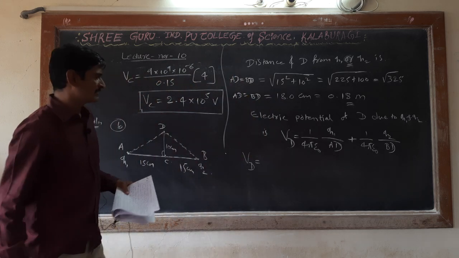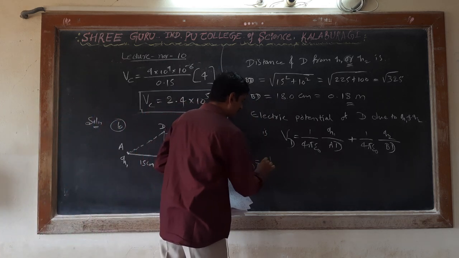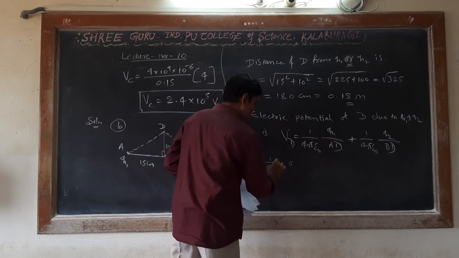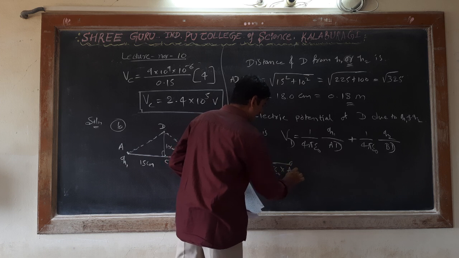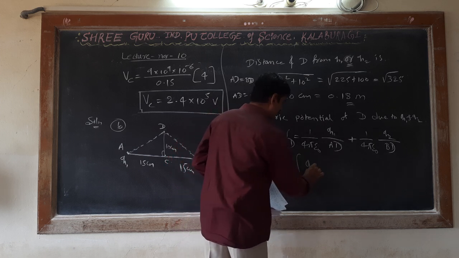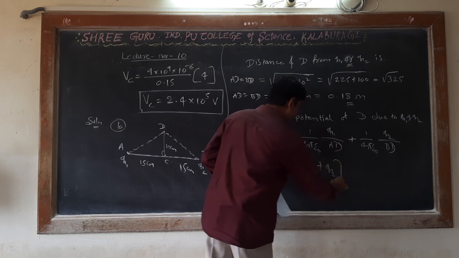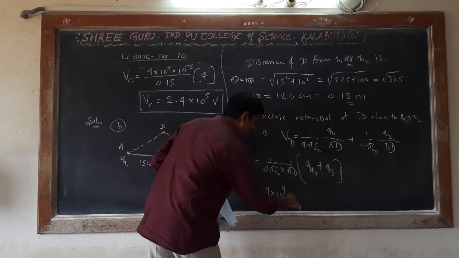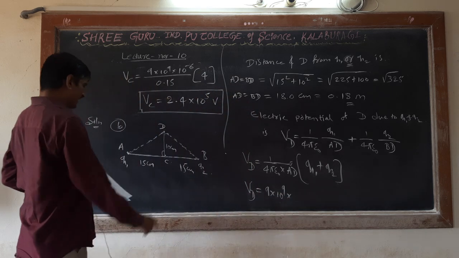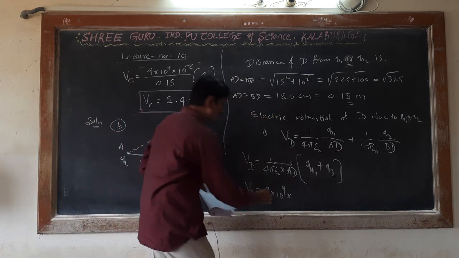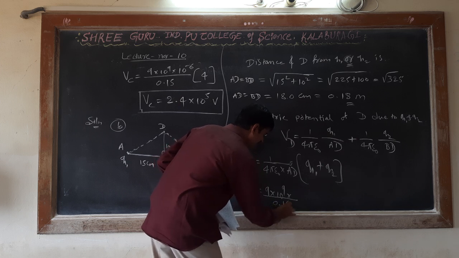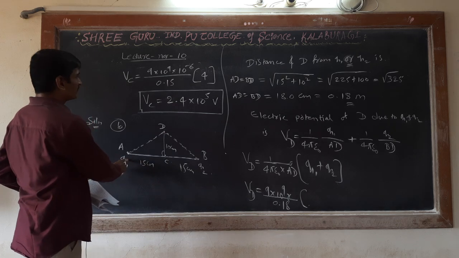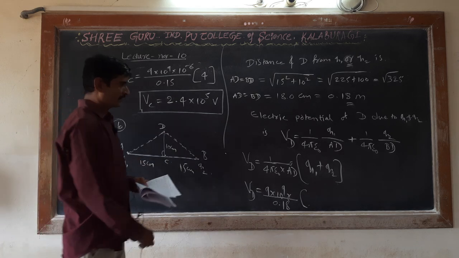Okay. So VD is equal to 1 by 4 pi epsilon naught into AD, into Q1 plus Q2. So VD is equal to 9 into 10 to the power 9, and the value of AD is 0.18 meter.